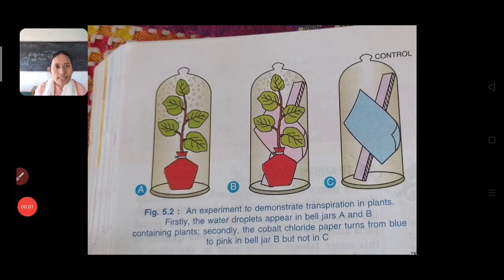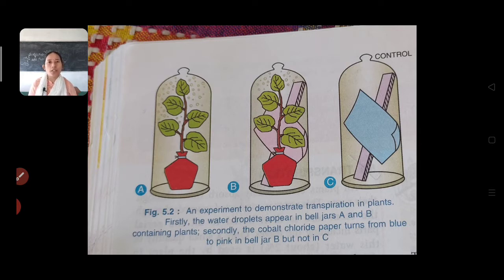This next experiment will also indicate the same. That means the aim of the next experiment is also to demonstrate that transpiration occurs in plants. Like I told you, in this particular experiment we will be using the indicator cobalt chloride paper too.